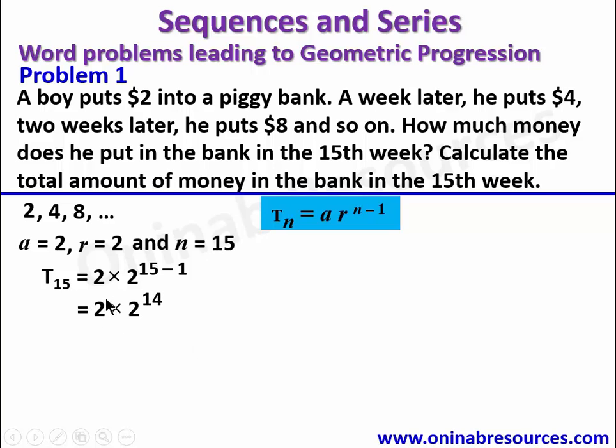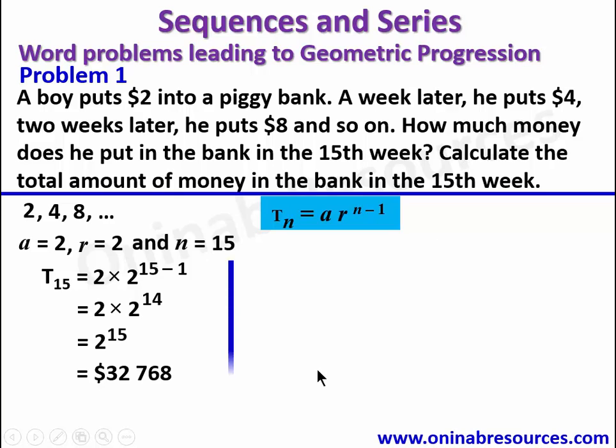And applying law of indices here, this is 2 raised to the power 1 plus 14 will give us 2 raised to the power 15. And this is giving us $32,768. That is the amount of money he puts into the piggy bank in the 15th week.